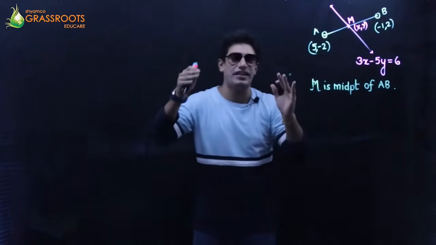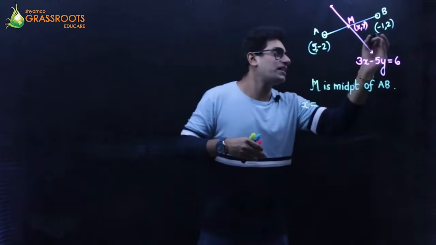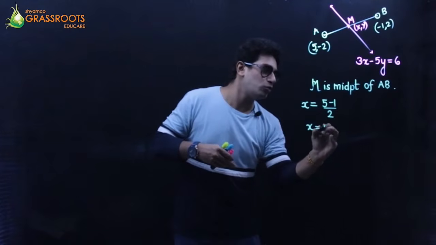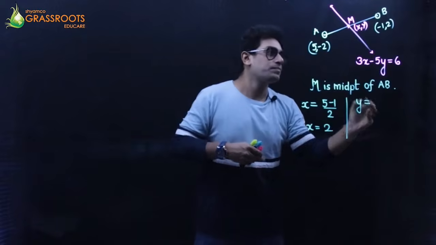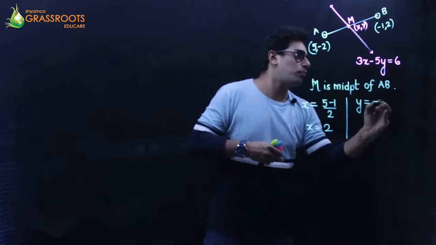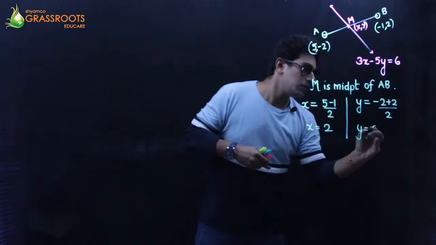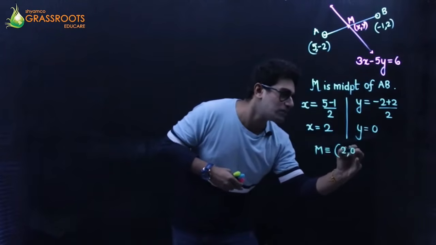So x is equal to 5 minus 1 upon 2, that's 4 upon 2, which is 2. And y is equal to minus 2 plus 2 upon 2, that is 0. So the coordinates of M are 2, 0.